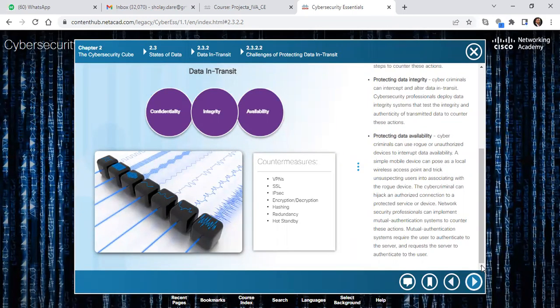Cyber criminals can also use rogue or unauthorized devices to interrupt data availability. So a simple mobile device can pose as a local wireless access point and trick unsuspecting users into associating with this rogue device. And when you are connected to that rogue device, all they are doing is stealing.